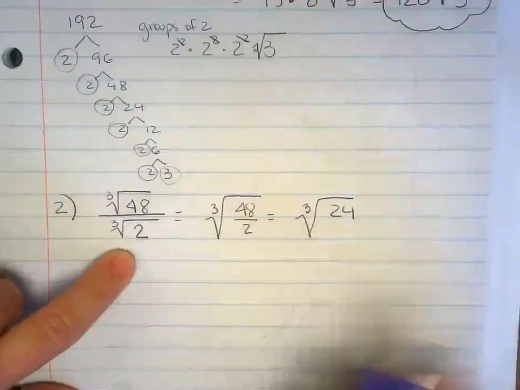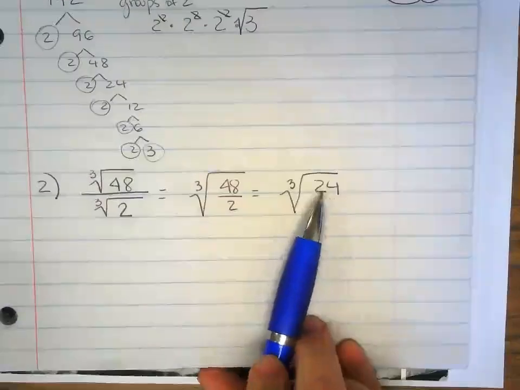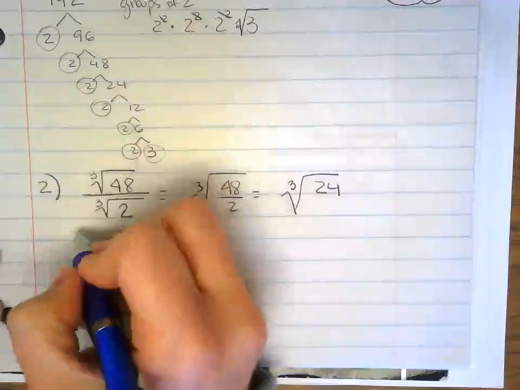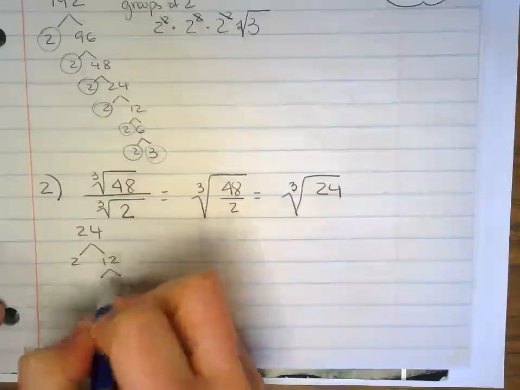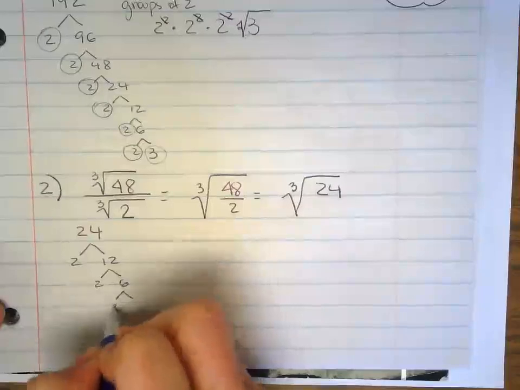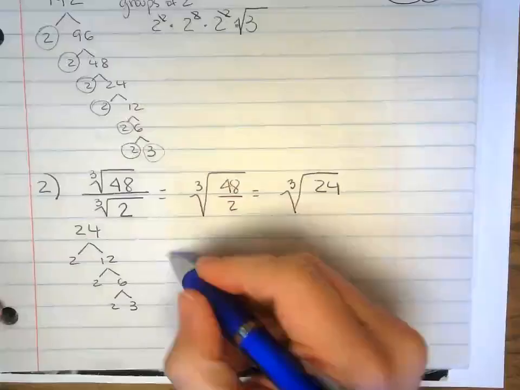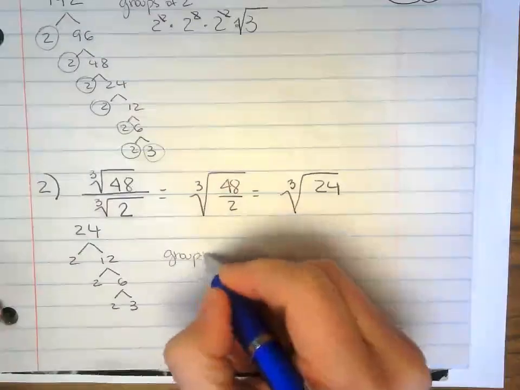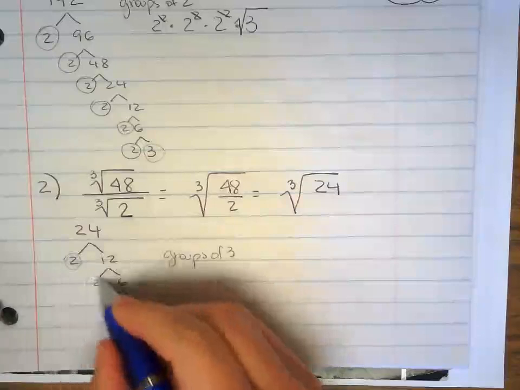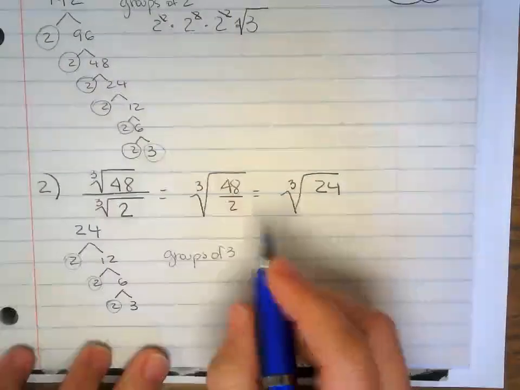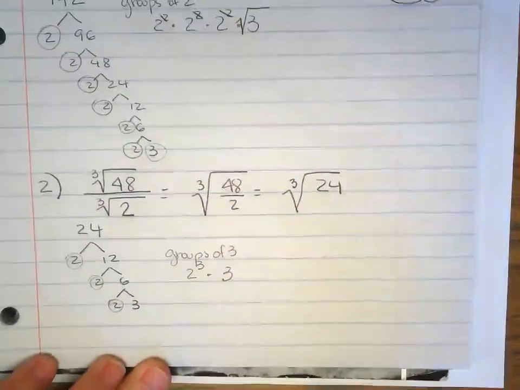This looks funny, sorry, but okay, so now we're going to do the prime factorization right there of 24. We're going to make groups of 3 because of the index. 1, 2, 3, and 3.